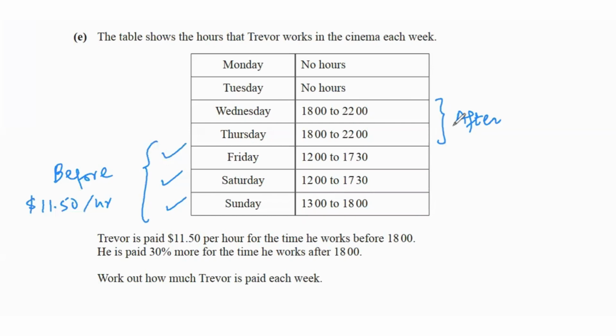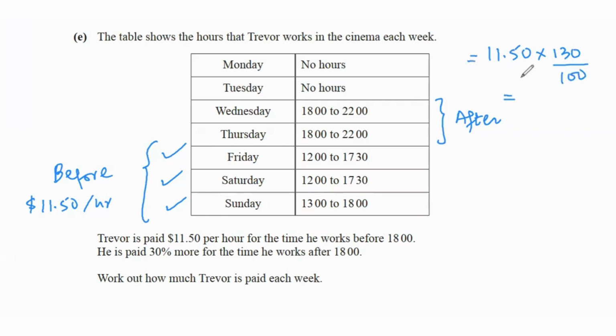So 30% more means we need to find 30% of 11.5. So for that, 11.5 times 30 over 100. And then we add this to 11.5. Or another way you could do is that you could just find 130% of 11.5.